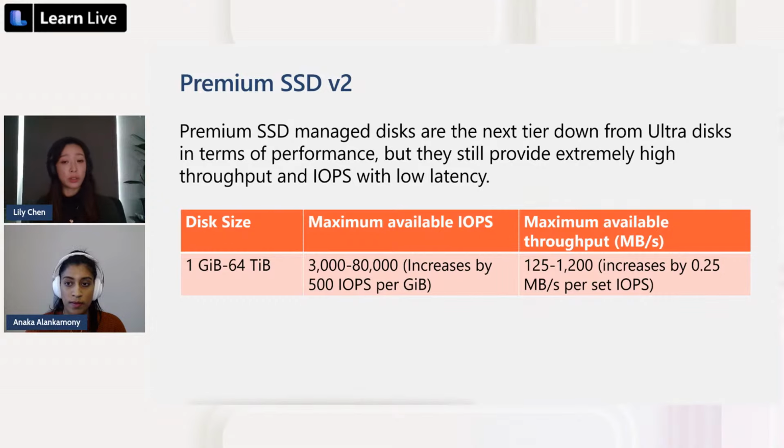The premium SSD V2 disks don't currently support host caching, but they benefit significantly from the lower latency, which addresses some of the same core problems addressed by host caching. And the ability to adjust IOPS, throughput, and disk size at any time means you can avoid the maintenance overhead of having to stripe your disks to meet your needs.